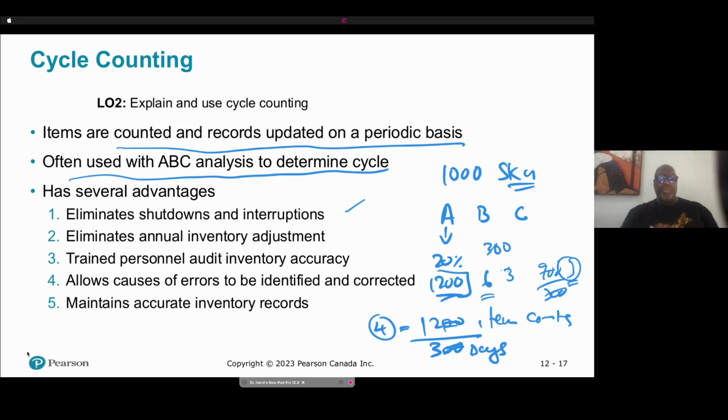You basically have trained personnel audit your inventory, which allows causes of errors to be identified and corrected. In other words, you don't have to wait till the end of the year. If, as you're starting your cycle counting process, you discover problems with your storage system, your management system, or your information system, you can correct that early. And it helps you maintain accurate inventory records.